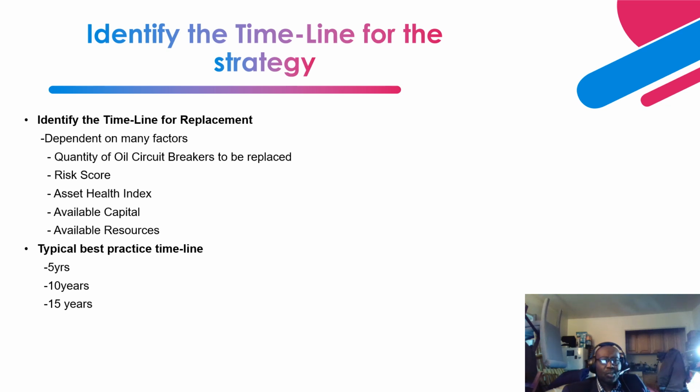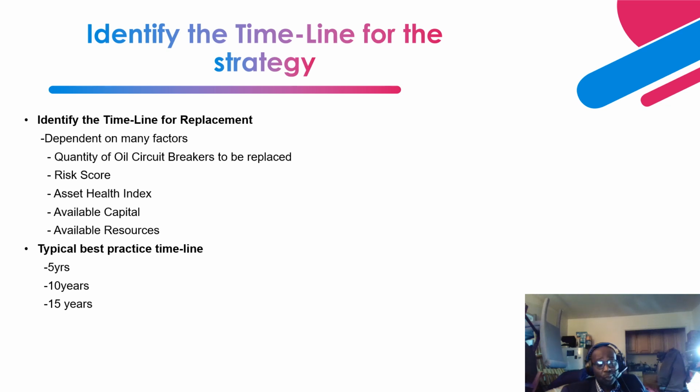That also tells you the condition of the circuit breaker, and the timeline that you need to include that circuit breaker. Then your available capital, the funds, and what is budgeted. That also helps to determine and implement a timeline for your strategy.